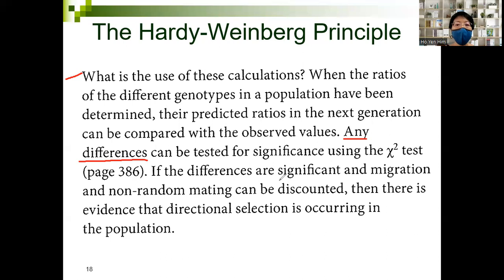If the differences are significant, and we know that there's no migration and no non-random mating, then it could be due to some directional selection. What causes the frequency to change really? If there's a significant difference between observed in the current generation and expected from the previous generation, and there's no migration, everybody is mating randomly, then something else is happening.